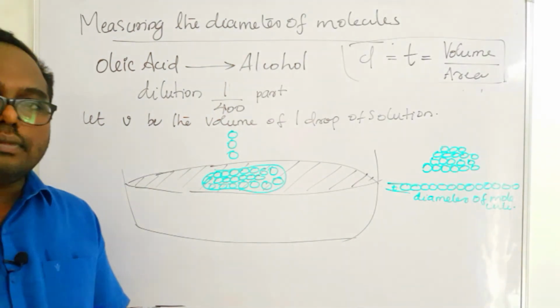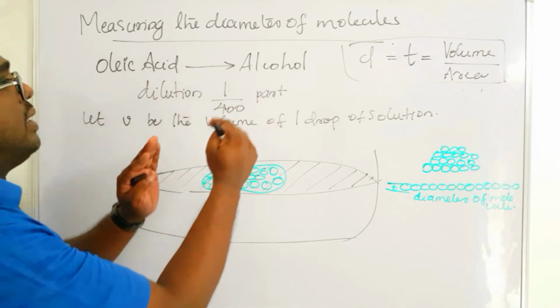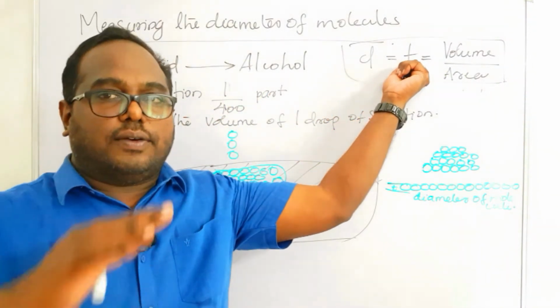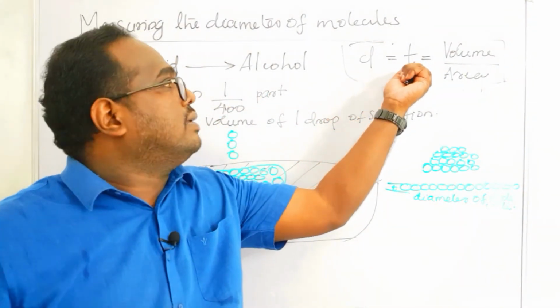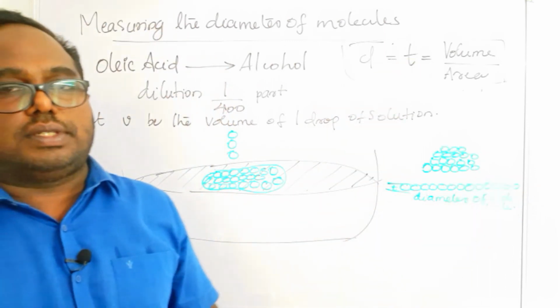Clear? Next, you have completed the first task, that is, you have made a thin layer such that the thickness is equal to the diameter of the oleic acid substance.